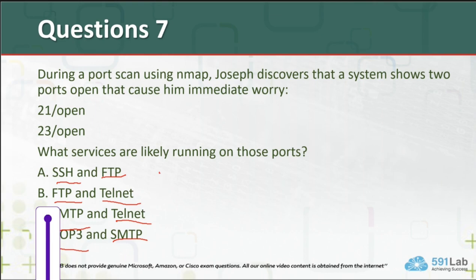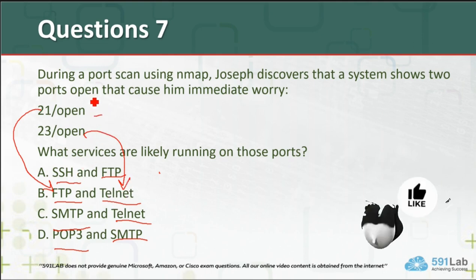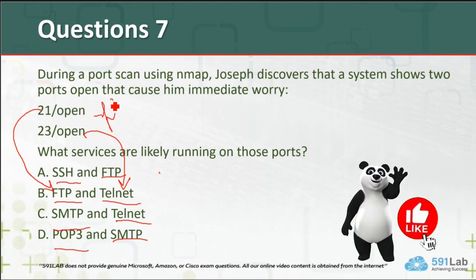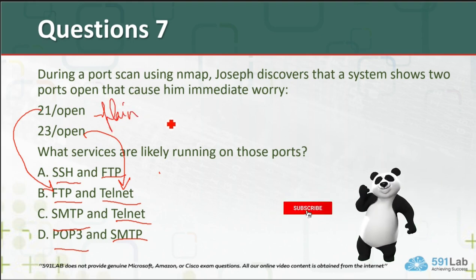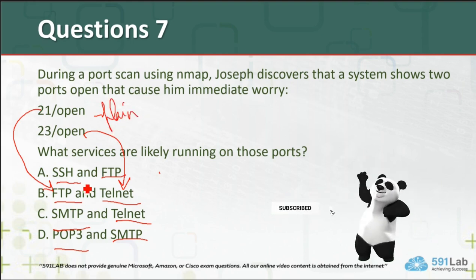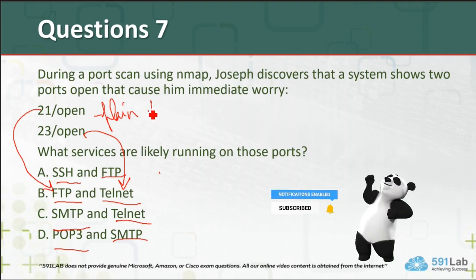So actually the answer for this one is B. 21 is associated with FTP and 23 is associated with Telnet. The problem with port 21 is that it exchanges data in plain text. So if you are exchanging a file over the network over port 21, it means that it's in plain text.